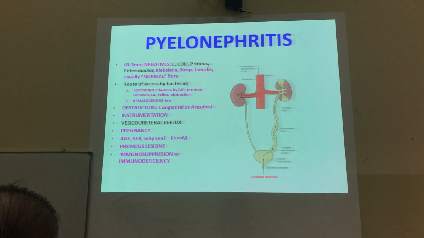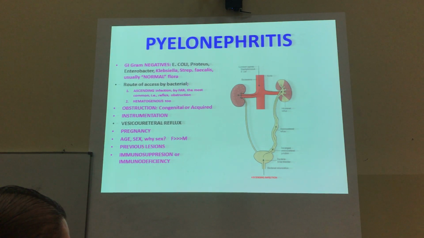So there are a lot of ways we can introduce infection. If there is instrumentation, as I already told you, cystoscopy, urinary catheterization, suprapubic catheterization, any one of these instrumentations, which is an example of iatrogenic infection, can lead to this pathology.